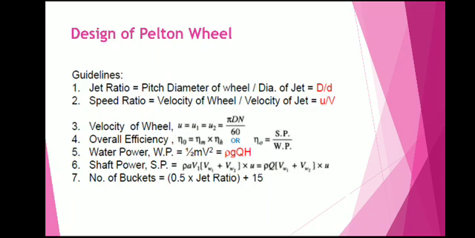It should be equal to rho Q into (Vw1 plus Vw2) into u, where Vw1 and Vw2 are the whirl velocities at inlet and outlet. And the seventh one, number of blades is equal to 0.5 into jet ratio plus 15.